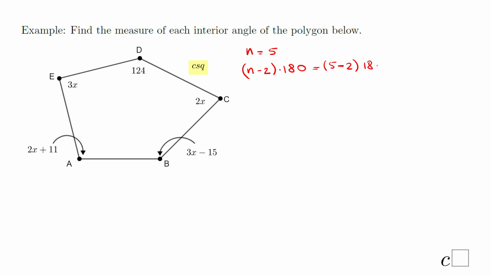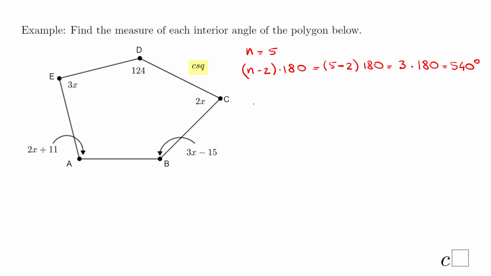Using the order of operations, obviously we're going to do 5 minus 2 first. That is 3 times 180, and that will be 540. Yes, this is a pentagon, right, n equals 5. 5 sides means a pentagon. The sum of the interior angles is 540. This one was in the previous slide, one of the choices. But now what can we do?